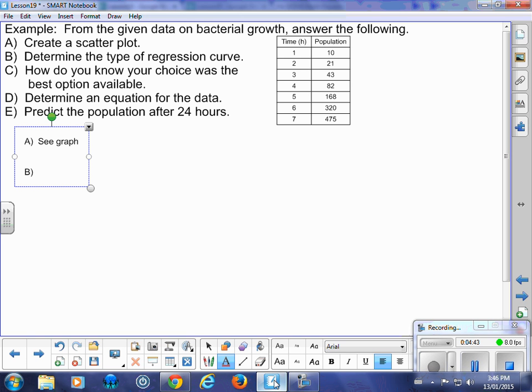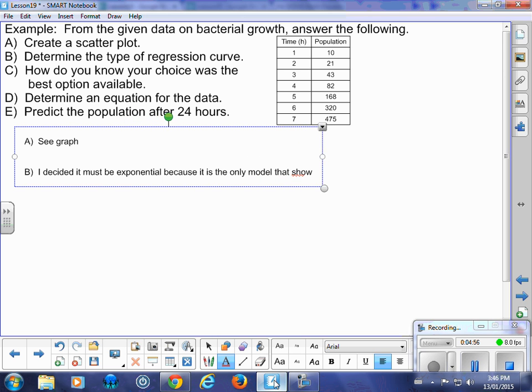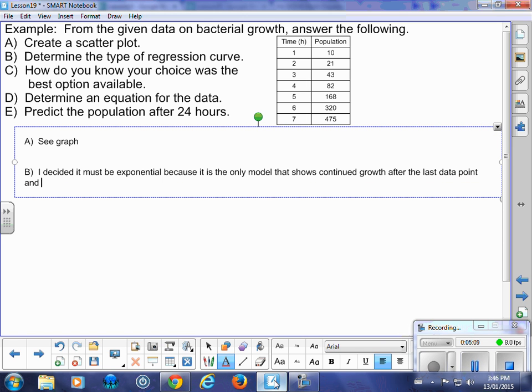So determine the regression curve. I decided it must be exponential because it is the only model that shows continued growth after the last data point and did not have a decrease in population prior to my first point.